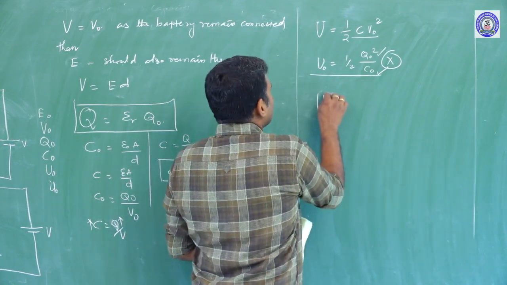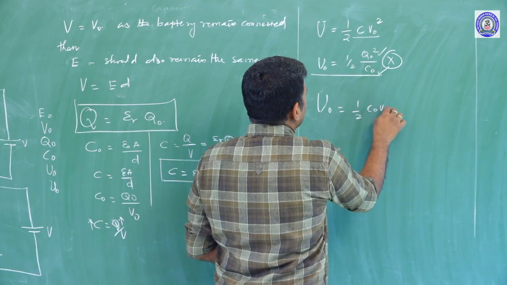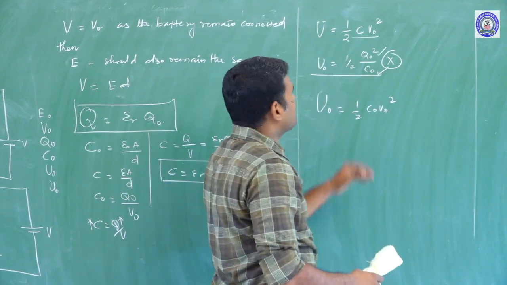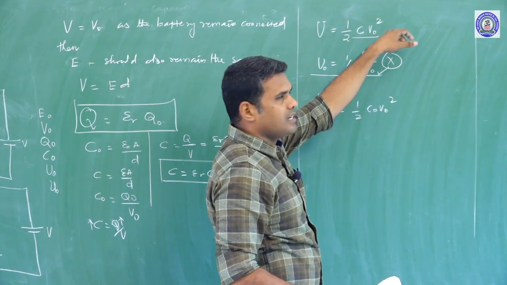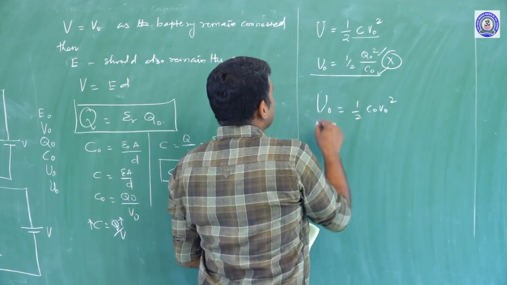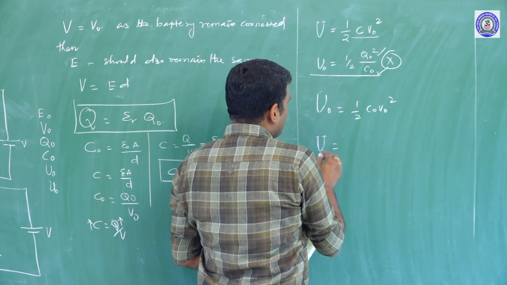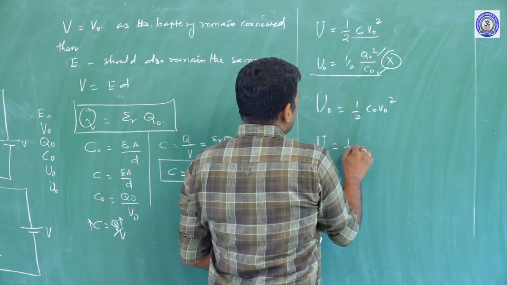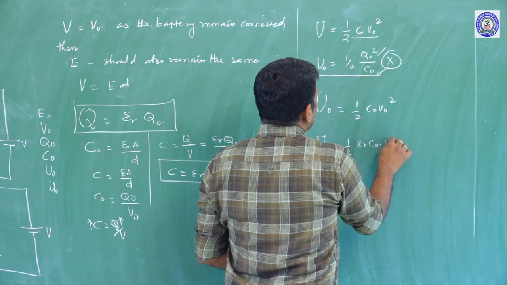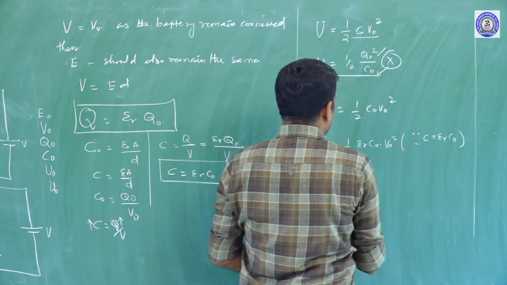U naught, the initial potential energy, is equal to half C naught V naught square. The potential energy with dielectric is U equals half C V naught square. Now we can see what change is produced in U. U equals half epsilon r C naught into V naught square, since C equals epsilon r C naught.